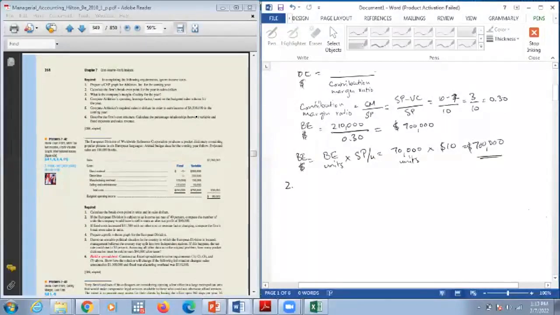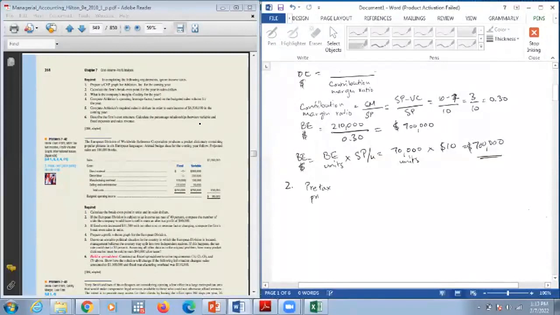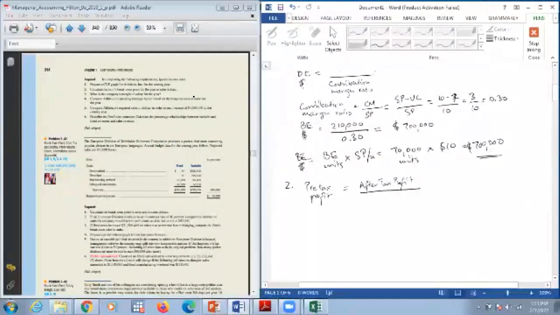We do deal with the tax effect. We basically need to understand that our profit will be divided by its rate.